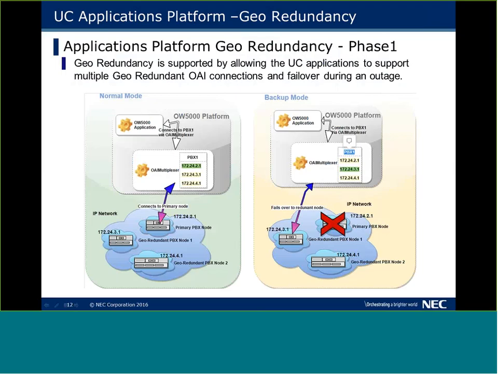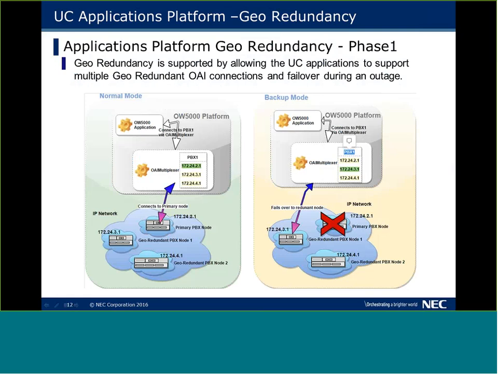On the applications platform, this was that first bullet, the ability to support geo-redundancy. Again, it's the ability for the application suite to re-register to one of the backup nodes. You can have multiple nodes as your backup. The example here shows a failure of your primary node and the system re-registering to one of the backup nodes.